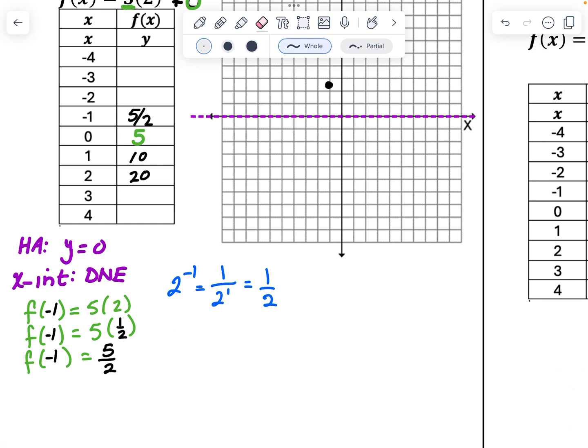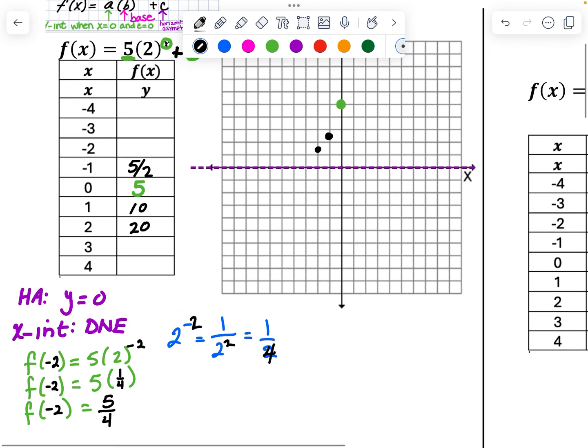And then if we said, you know what, let's do it again, but this time let's let the power of x be negative 2 instead of negative 1. If we let the value of x be negative 2, that means our exponent is negative 2. That means this is a 2, this is a 2, and this becomes a 4. So this is a 4th, which makes this 5/4, which is 1 1/4, which means that point would be about there.